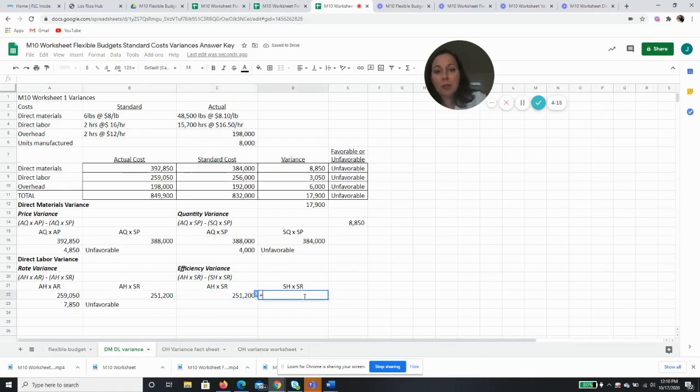Our standard hours is going to be the 8,000 units we actually made times 2 hours times $16 an hour, or $256,000. So our standard said that to make 8,000 units, it should have cost $256,000. So take the left, subtract the right, and we get negative 4,800, or 4,800 favorable.